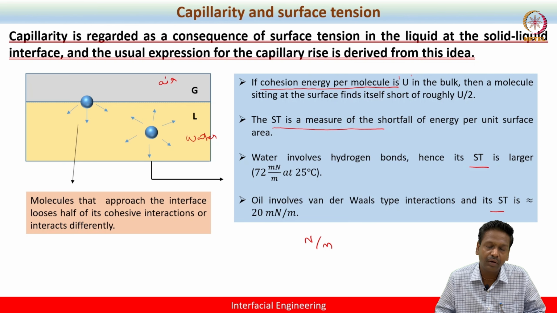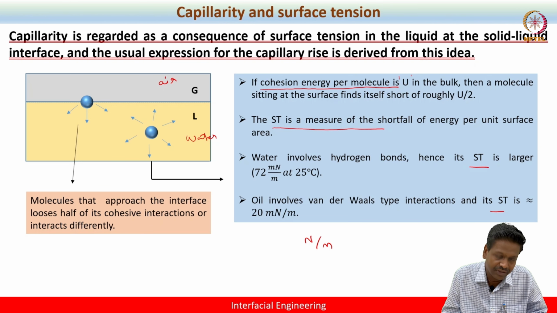Okay, so now let's ask a question. Is this going to be the same in different types of interfaces as well? For example, in this case, you have taken an example of an air-water interface.